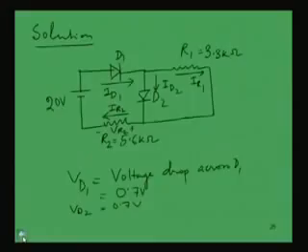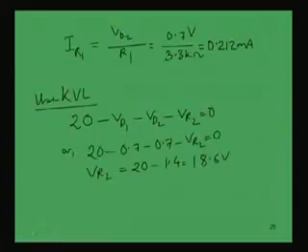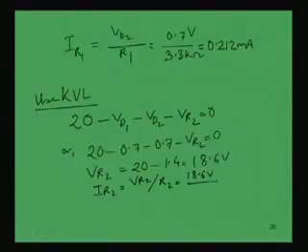So, now if I know this voltage, I can find this current IR2. What is this current? VR2 divided by R2. So, IR2 is equal to VR2 divided by R2. Just substitute these values. 18.6 volt divided by R2, which is given as 5.6 K, that will be 3.32 milliampere. This is the IR2.